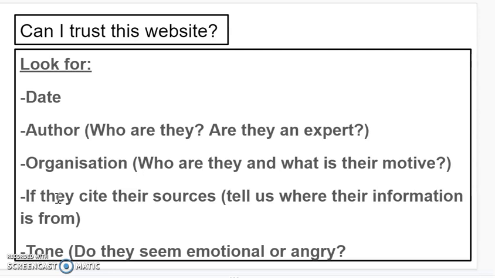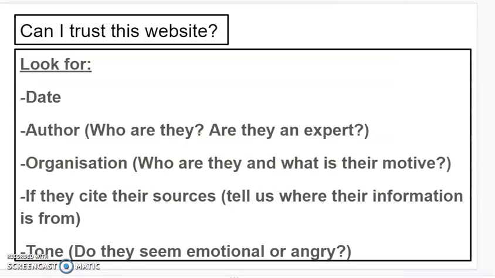Or is it just a person making up a statistic? So this citing their sources, often a website will link. So you can click on that word and it will take you somewhere. That's more reliable than those that don't. Number 5 is tone. Do they seem emotional or angry? If they seem emotional or angry, then that would usually tell you that's not a very reliable source.